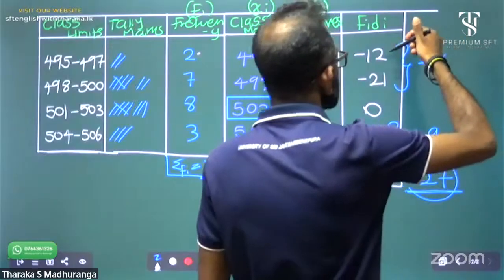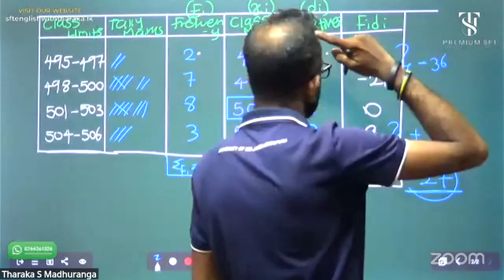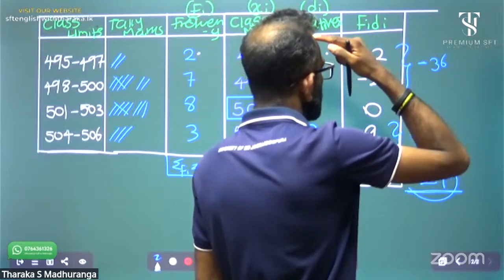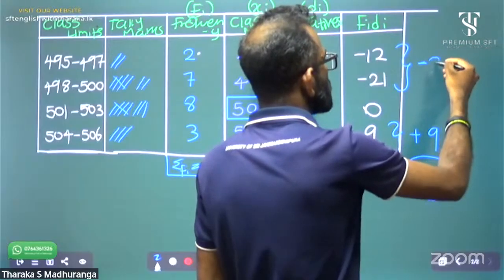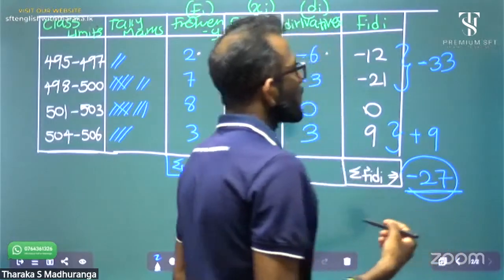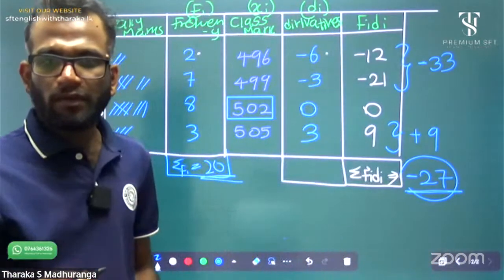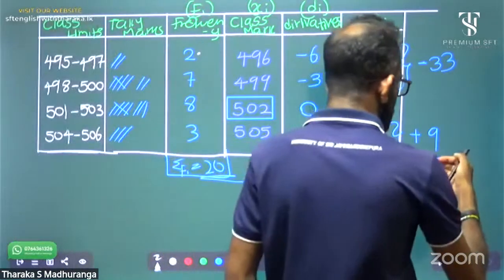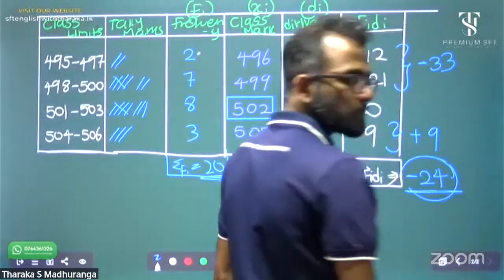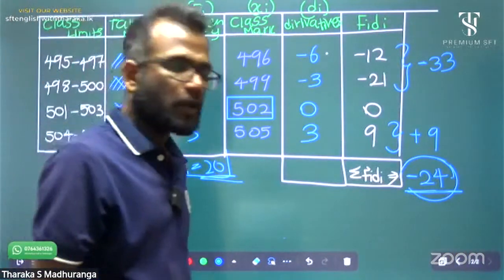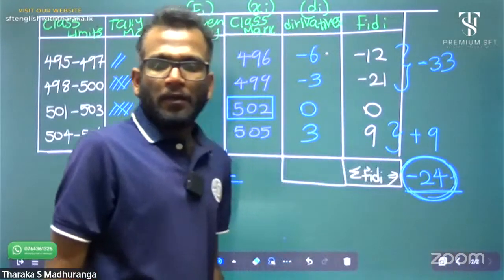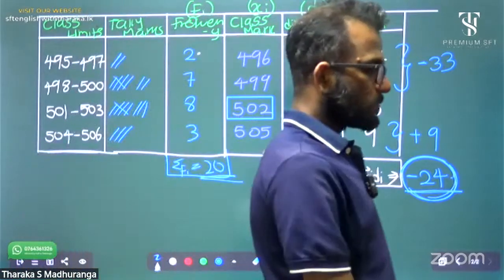Sorry. It is 33, no? 21 plus 12, 33. Sorry, 33 plus 9. Yeah, it is minus 24. Good. Sorry, mistake. Minus 24.